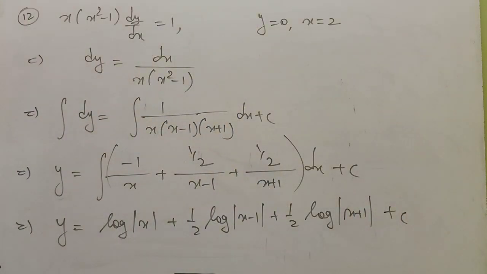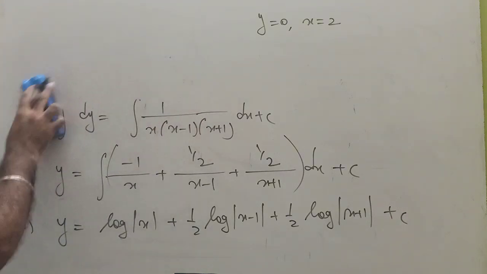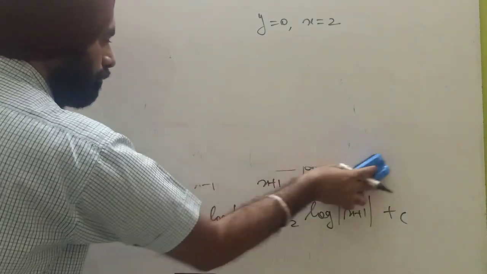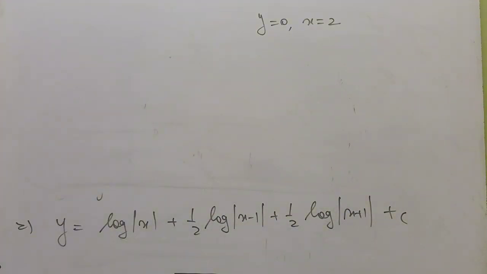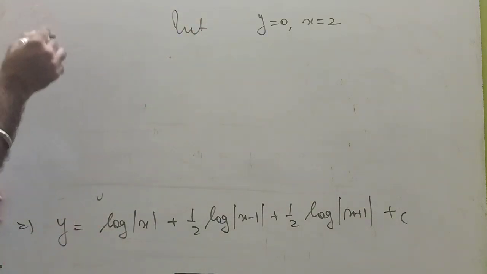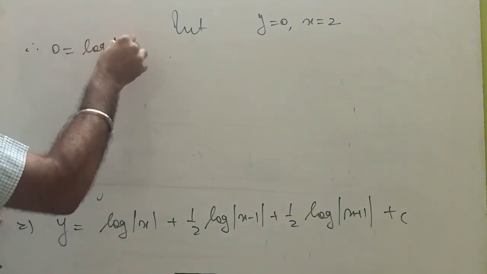Now put the condition. Put y = 0 and x = 2. Therefore 0 = minus log mod 2.